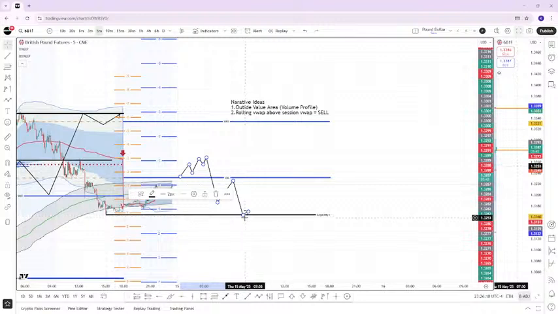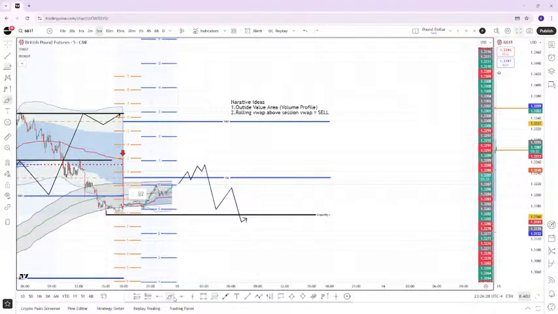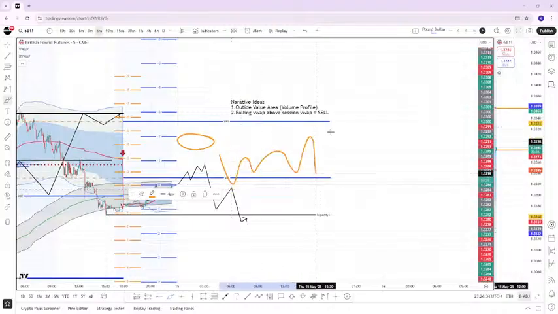Still reach that liquidity point, and then another idea which I'm actually more skeptical of would be if price gets into this area, because then we are inside balance and we might not leave this again.